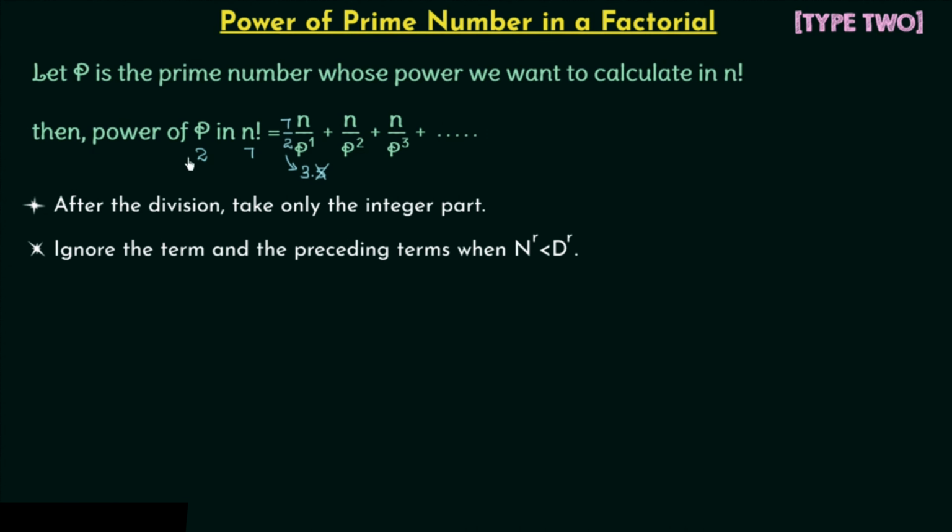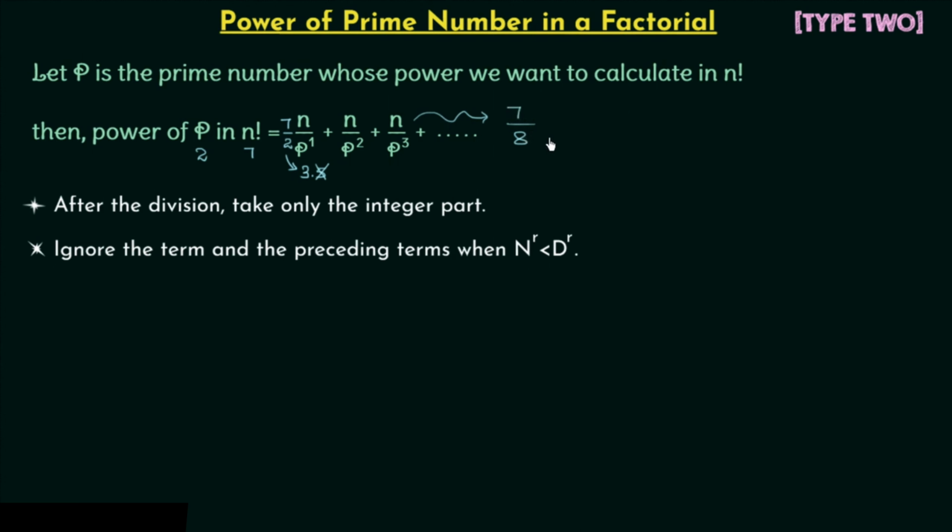We will take the same scenario, n is equal to 7 and p is equal to 2. Now focus on this term, n over p cube. N is 7, p is 2, so we have 2 power 3, and 2 power 3 is equal to 8. The numerator is 7, the denominator is 8.